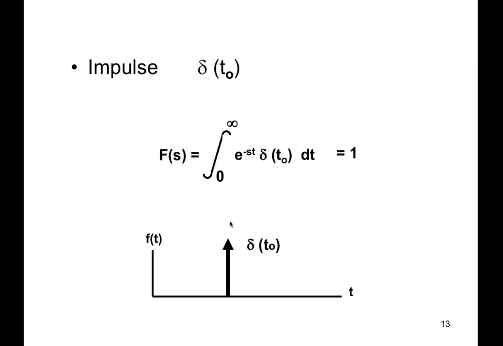Bear in mind that's a very special signal. It's called an impulse. We often use delta to represent that impulse signal. The Laplace transform of that signal is 1. So delta is the impulse in the time domain, 1 is the impulse signal in the frequency domain.